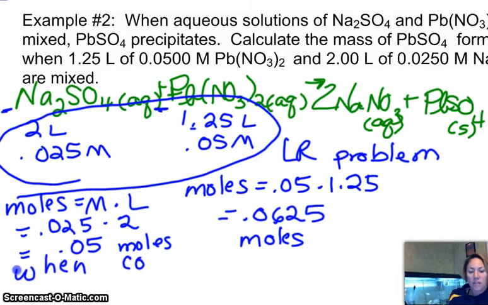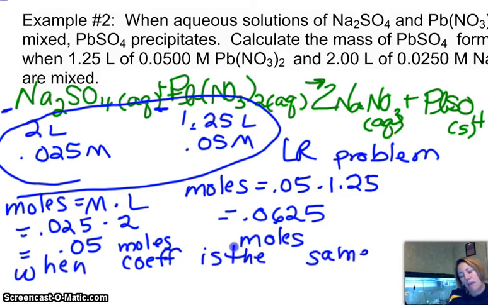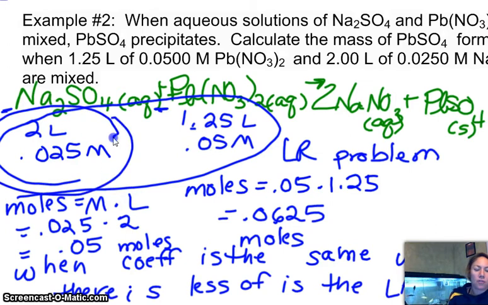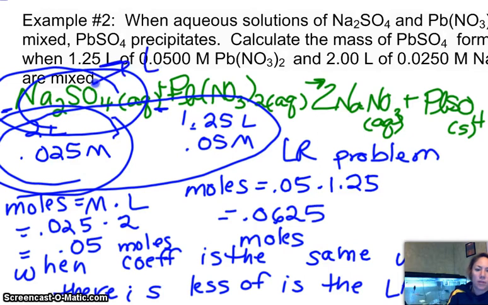So when the coefficient is the same, whoever there is less of is the limiting reagent. So that means that the Na2SO4 over here is my limiting reagent.